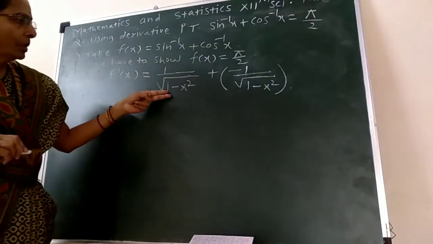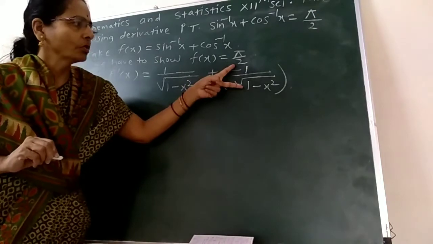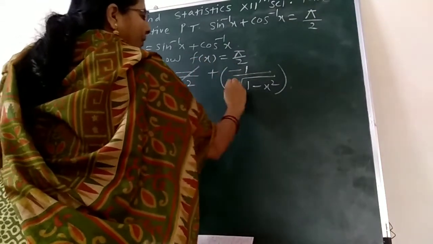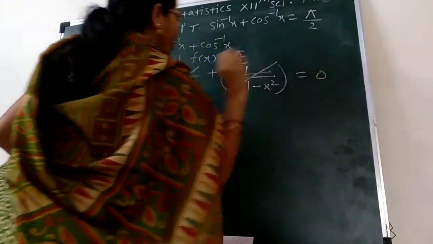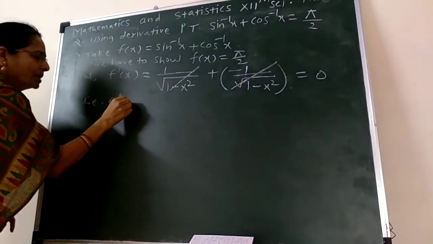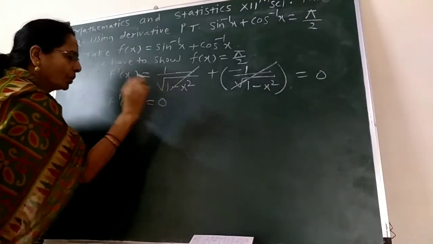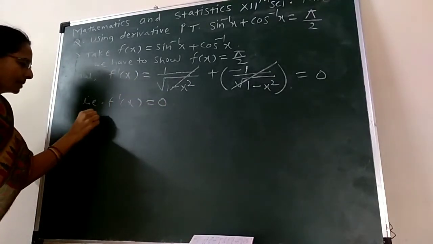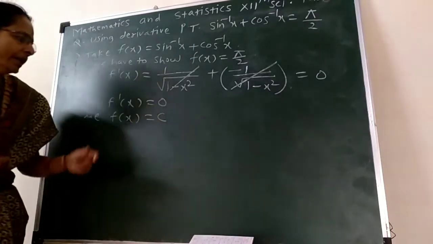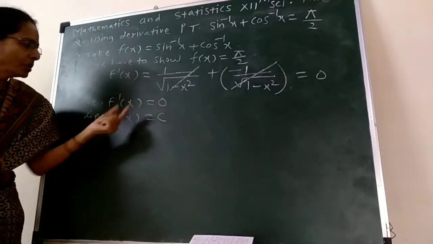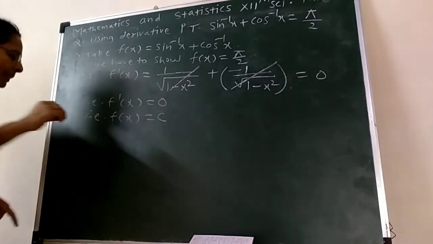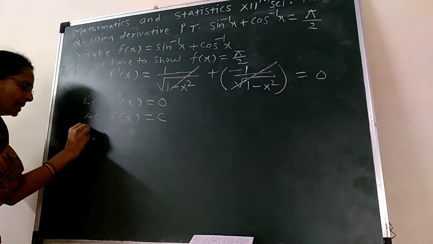Now 1 upon root 1 minus x square minus 1 upon root 1 minus x square get cancelled, is equal to 0. That means f dash x is equal to 0. That is, f(x) is equal to c. That means derivative is constant. Derivative is 0. So function is constant for any value of x.